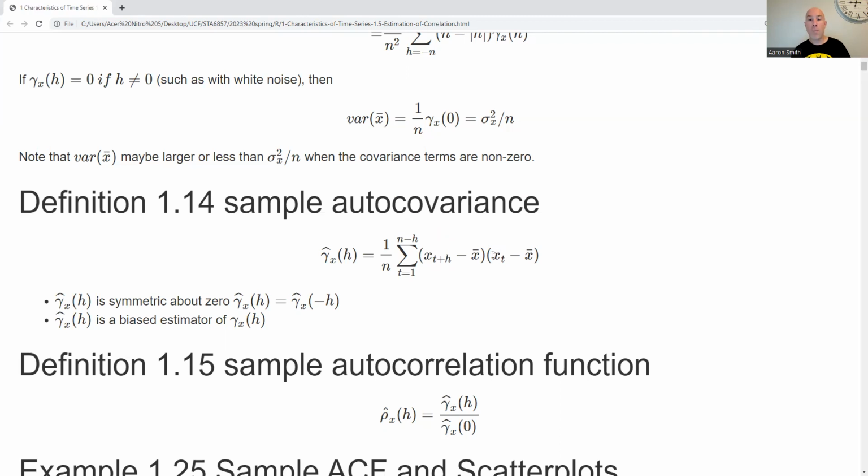So here I have a point in time and a point in time with the shift of interest, multiply the whole thing together, add up over all the values of t, and take the average. Now, two properties we have about this are that it is symmetric about 0. Also, this is a biased estimator, and it's biased because of the aspect that we have up here.